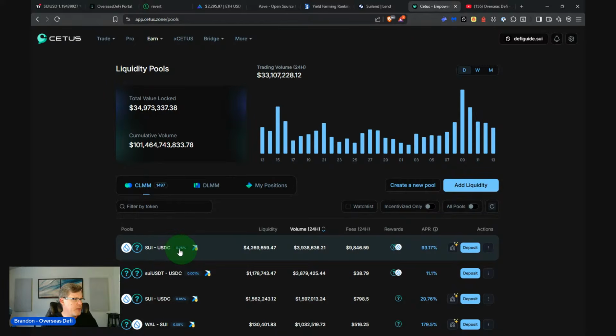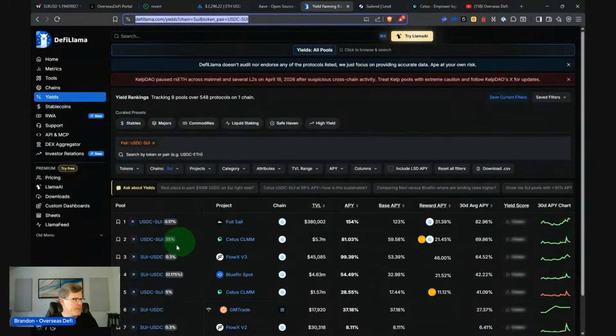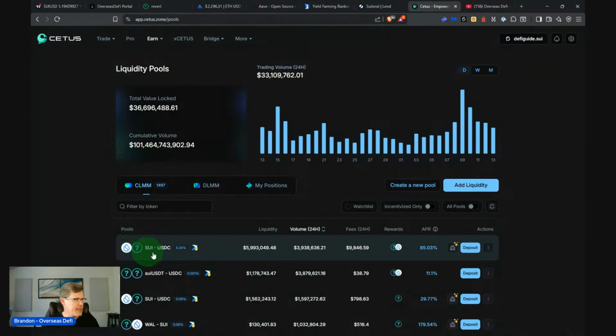This is the 0.25% fee tier, which is the one that we saw on DefiLlama. And the fee tier, by the way, is just the fee that traders pay to the liquidity providers. It's a liquidity provider fee, is another way of saying it. So that's the pool that I want.